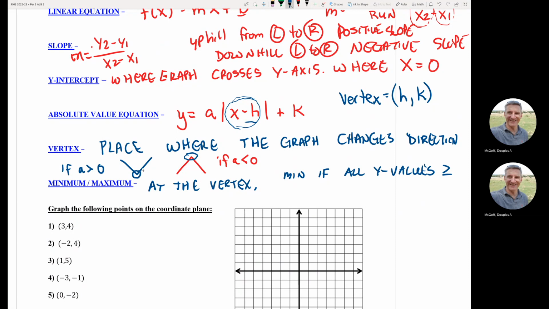All my other y values are above here. So my range would go from the vertex up. If it is a max, all y values or all outputs of my function will be less than or equal to that value. Questions on the definitions?